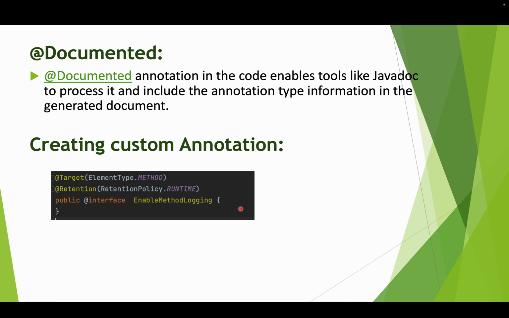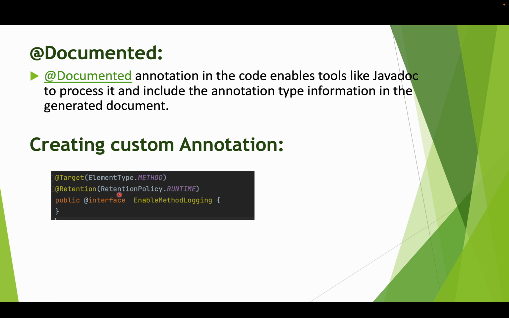Let's now see the custom annotation that we have created. For creating a custom annotation, we need to provide @interface and the annotation name. So my annotation name is EnableMethodLogging. I want to apply this annotation at the method level, so I have provided @Target(ElementType.METHOD), and I want to retain this annotation during my runtime, so this annotation will be available to the JVM during the runtime.